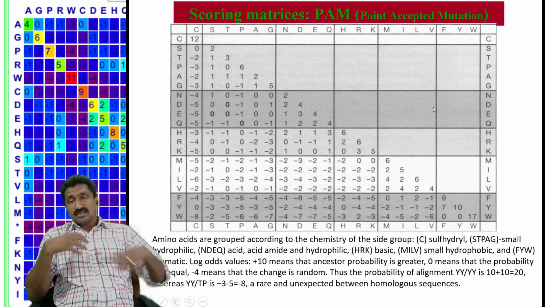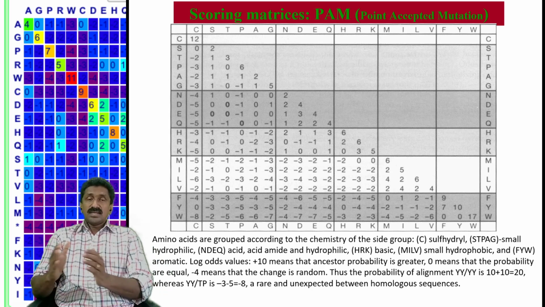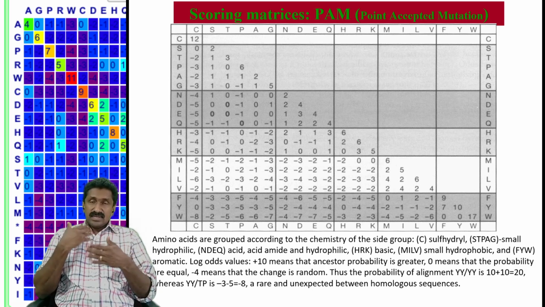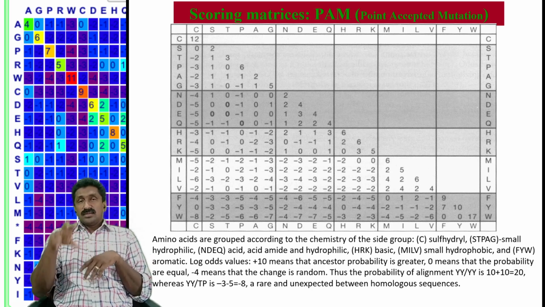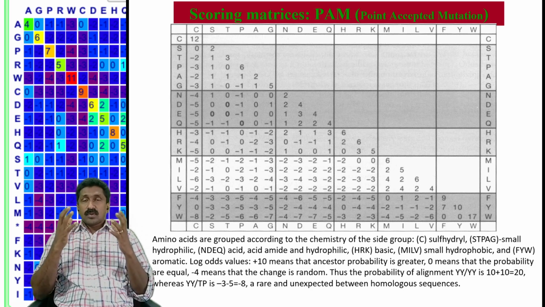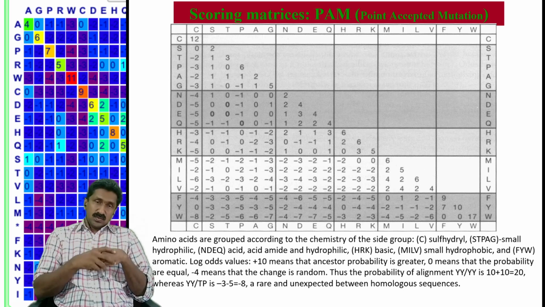So that is the probability of substitution of one or two amino acids with another set of amino acids. When you are aligning the sequences and comparing the score, these matrix values need to be considered to see whether there is a probable alignment or not, and based on that the value of the cell is assigned to the matrix.